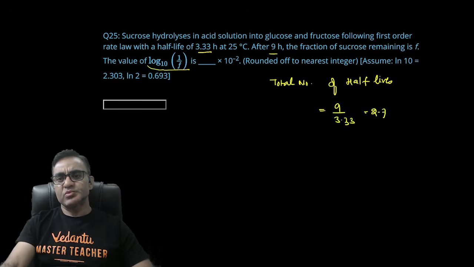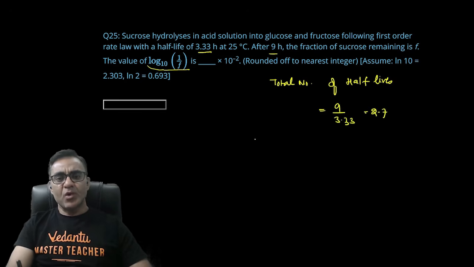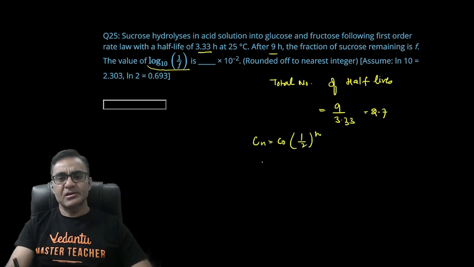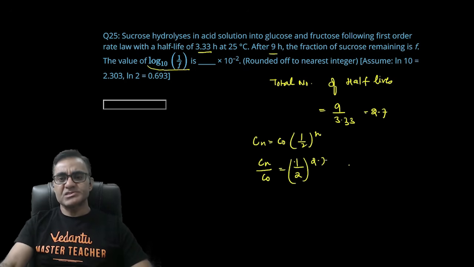This comes out to be 2.7. Now we can use this equation: C final is equal to C initial times half raised to the power n. So C final upon C initial is equal to 1 upon 2 raised to the power 2.7.